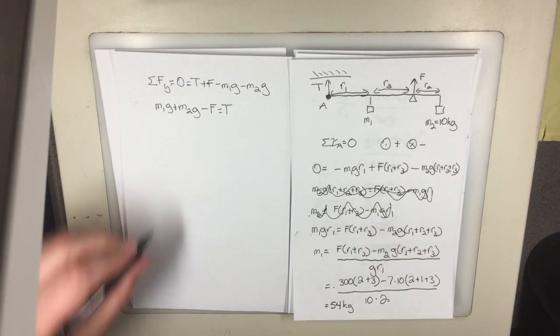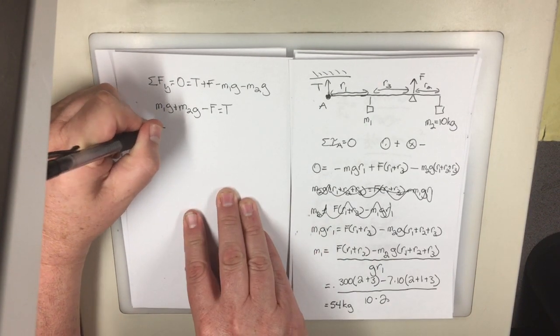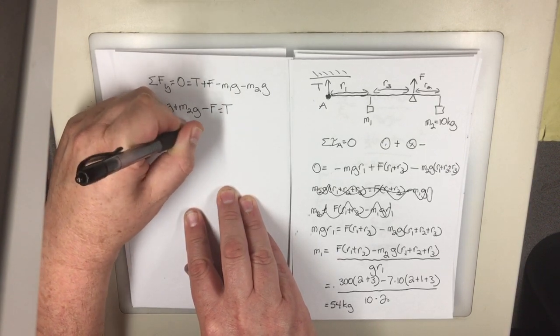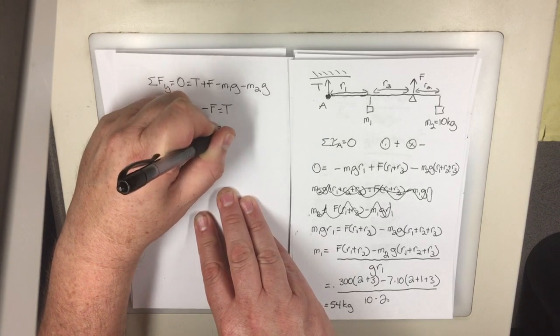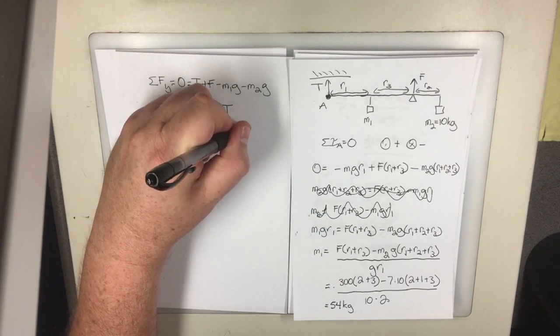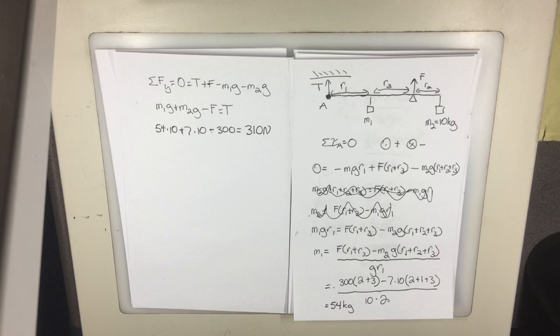That means 54 times 10 plus 7 times 10 minus 300 is equal to 540 plus 70 minus 300, which is 240 plus 70, so 310 newtons. I think that's it.